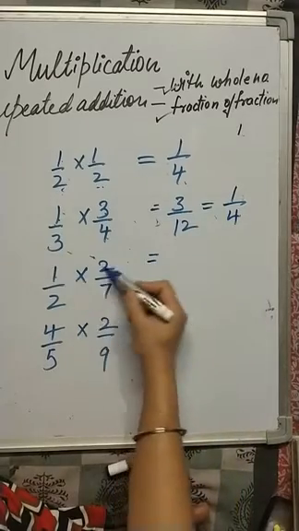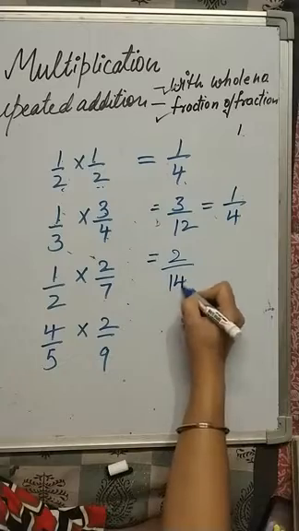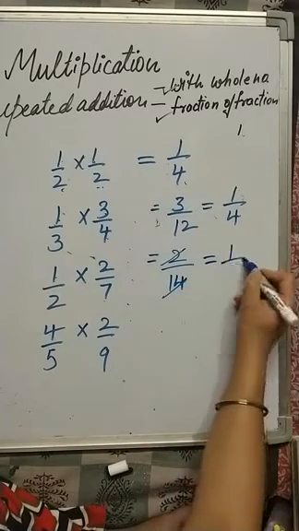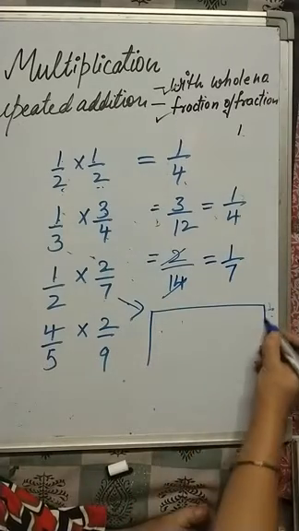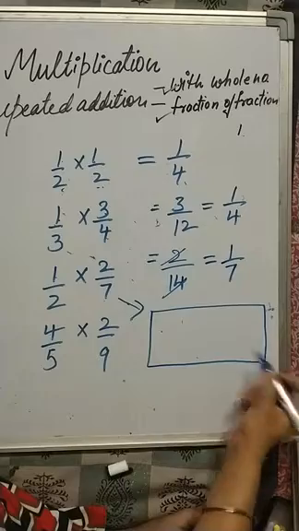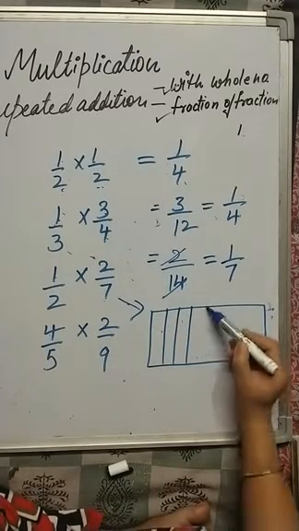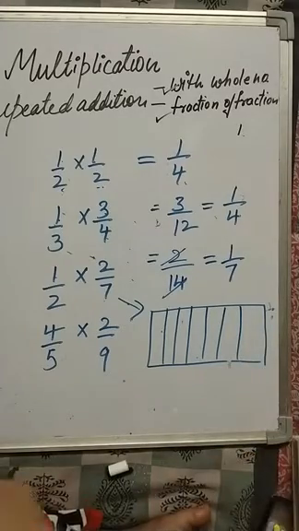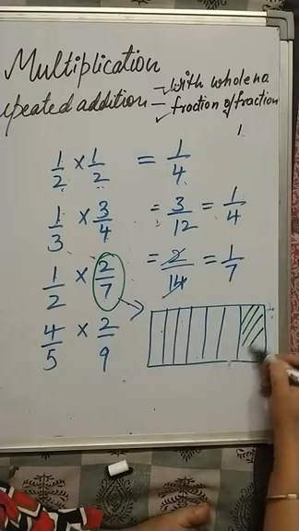Here also 1 times 2 is 2. 2 times 7 is 14. So we can't write it like this, or it will be written as 1/7. Or this can be explained. You have a chocolate again. You have 2 sevenths. 1, 2, 3, 4, 5, 6 and 7. How many chocolates do you have? The 2 sevenths.